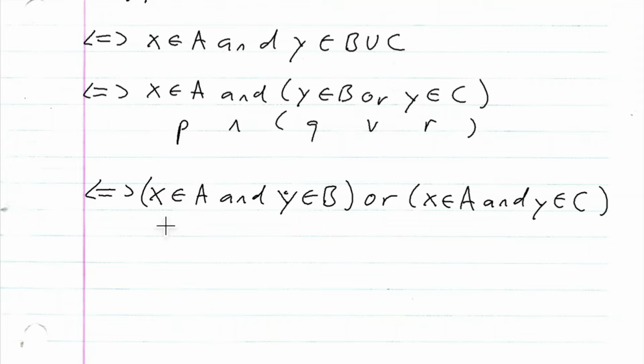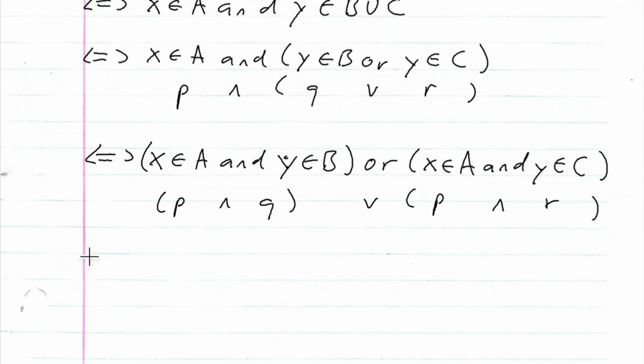This is P and Q or P and R, right? So we know that P and Q or R is logically equivalent to P and Q or P and R. So that's why this statement is equivalent to this statement.